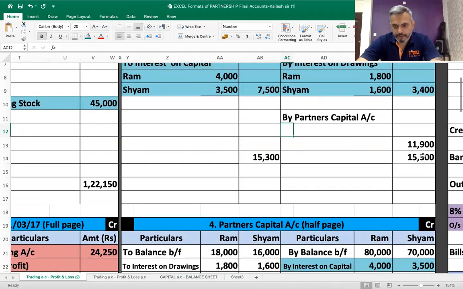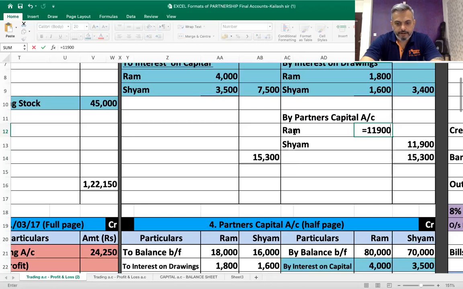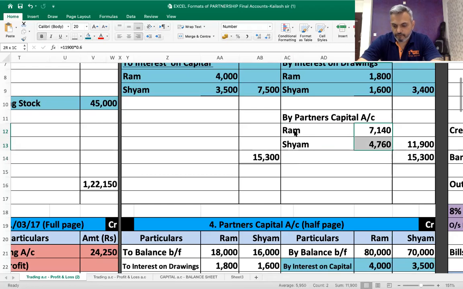You can do it with whatever is comfortable with you, Ram and Shyam. So 11,900 into 0.6 and 11,900 into 0.4. So 7140, 4760. ये भी लॉस हो गया है.